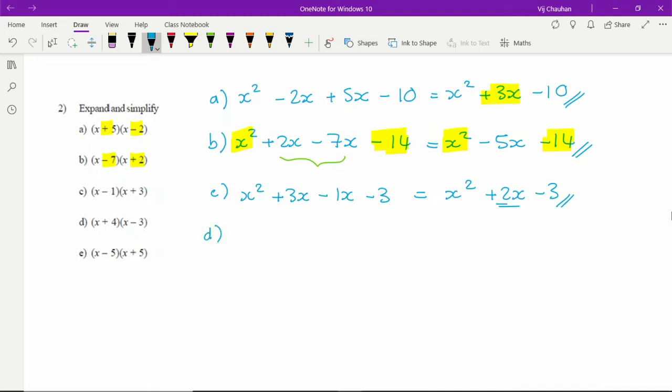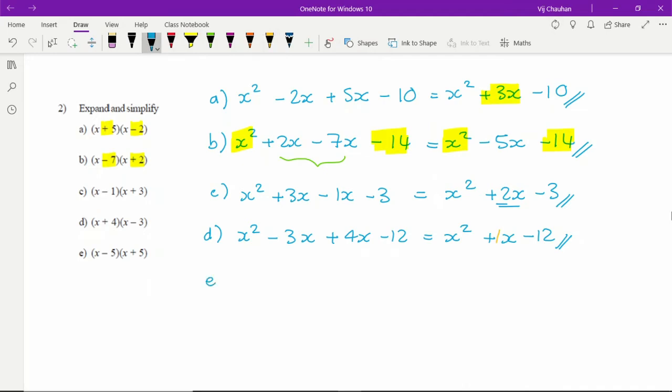And then for D, I've got x squared minus 3x plus 4x minus 12, which gives me a final answer of x squared plus 1x, or just x, minus 12. Now if I was to write a 1, that's absolutely fine, but generally speaking, you don't say 1x, you just say x.